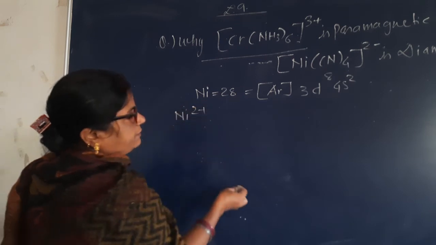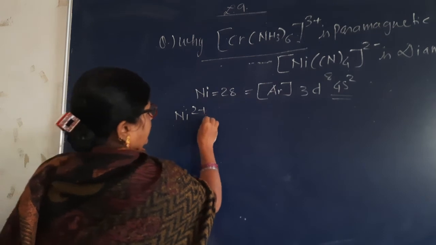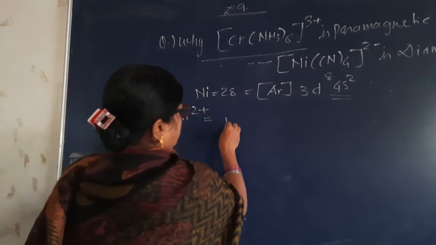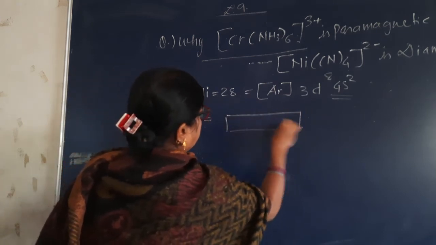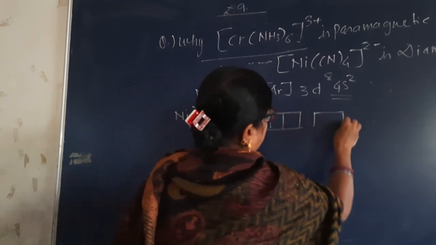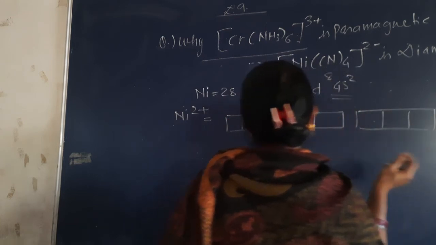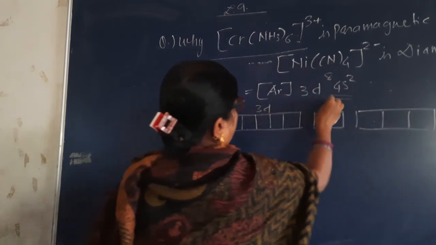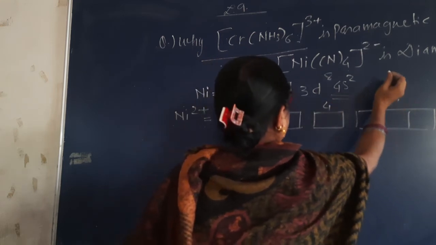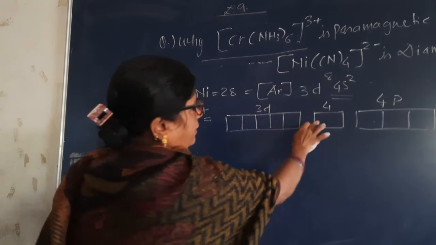So 2 electrons will be lost. So these 2 electrons will be lost. So we will write here Ni2+ orbitals will be 3d8: 1, 2, 3, 4, 5. Then 4s, and let it be 4p: 1, 2, 3. So it is 3d, 4s, and 4p. Let us understand now. 4s is now empty.